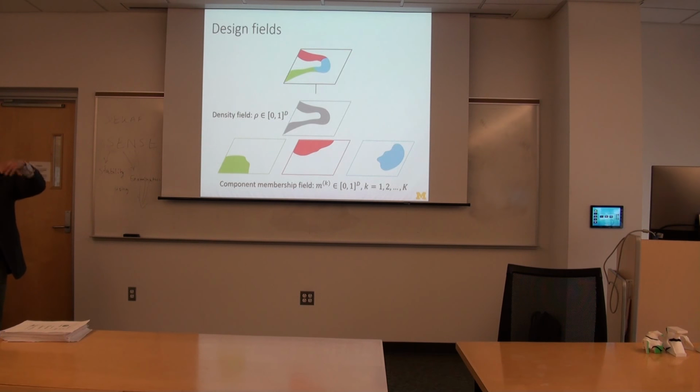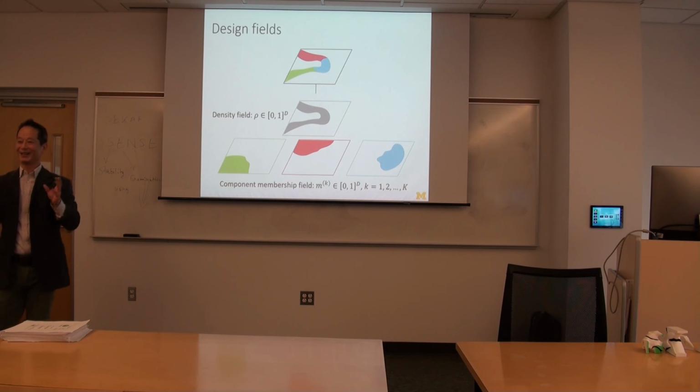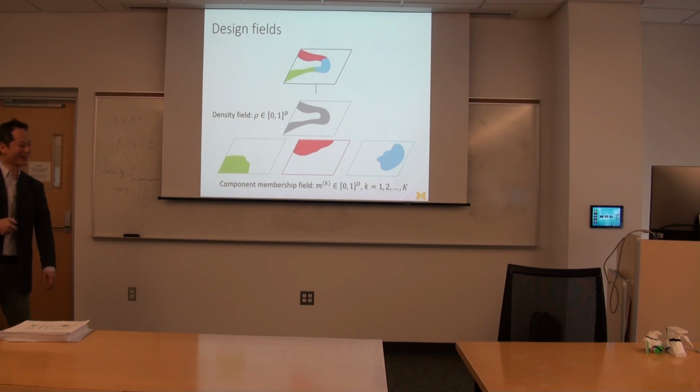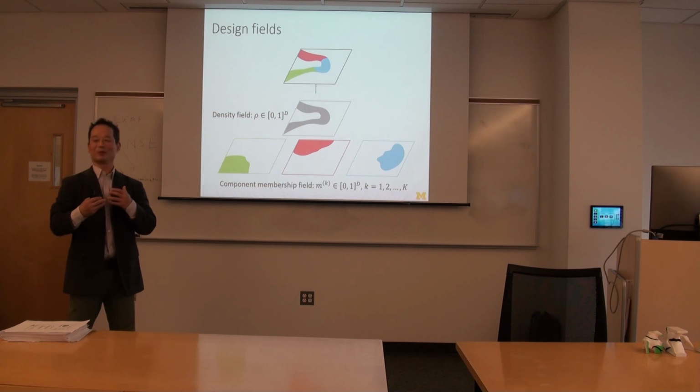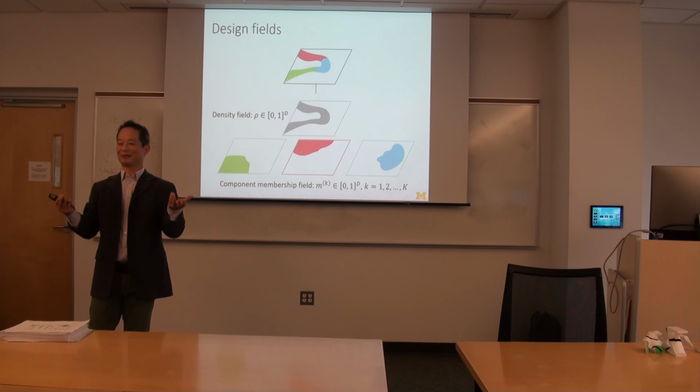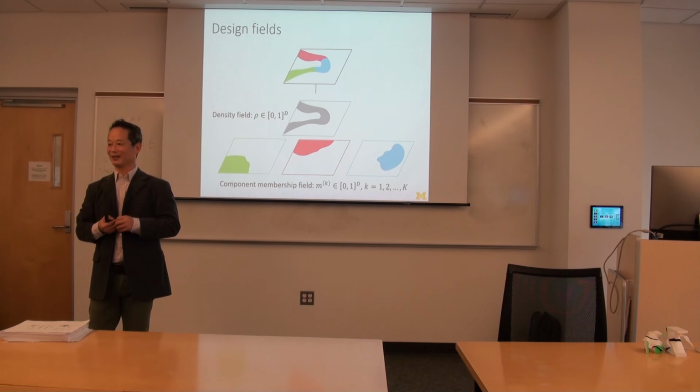So on top of the density field, we added this material phase field, which we call a component membership field. Okay, and this is only one because material can exist or not exist. But the component membership field should be as many as the maximum number of components you want to consider in the system.